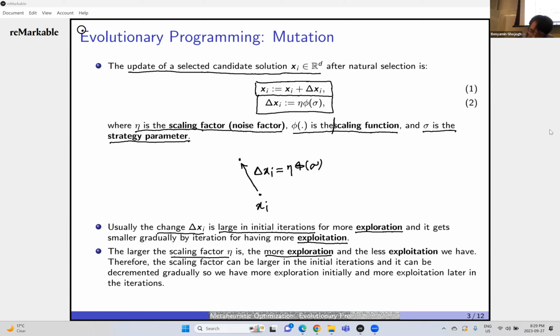Likewise, the smaller the eta, the smaller delta X, the more exploitation. Therefore the scaling factor eta can be larger in initial iterations, and it can be adapted and decremented gradually to have more exploitation later, right?